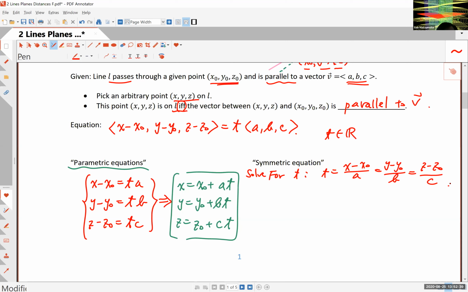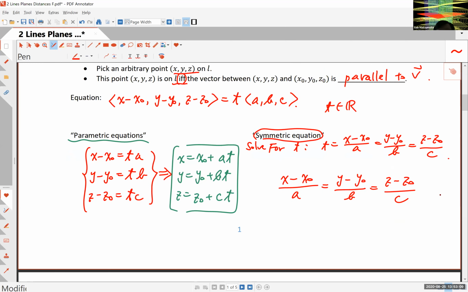So if you solve each of these for t, you see the symmetry among all of these three expressions. So the one equation, which has two equality symbols: x minus x naught over a equals y minus y naught over b equals z minus z naught over c. Okay.